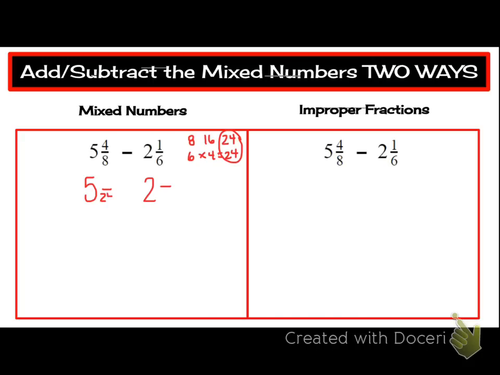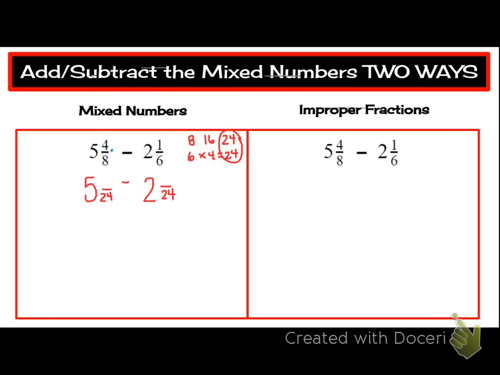So I'm going to write that denominator into the problem. Keep that minus sign there. I'm going to change the numerator for each one. So let's look at the 5 4/8 first. What do I have to do to 8 to make it 24? And we know that that answer is multiply by 3.